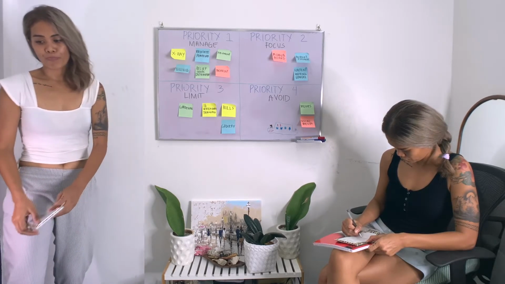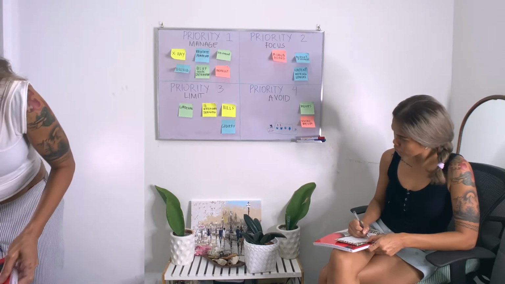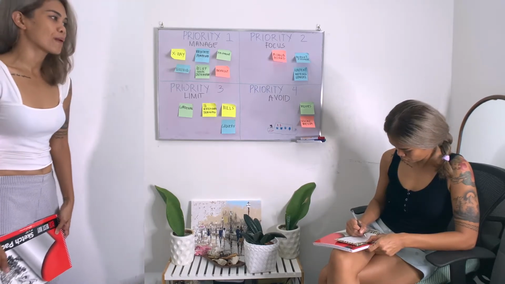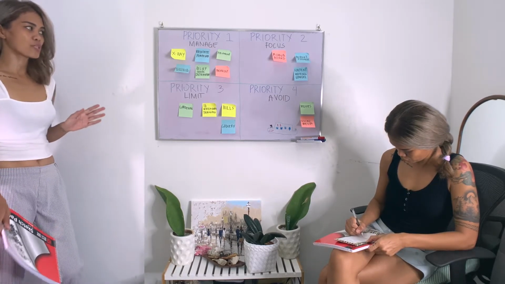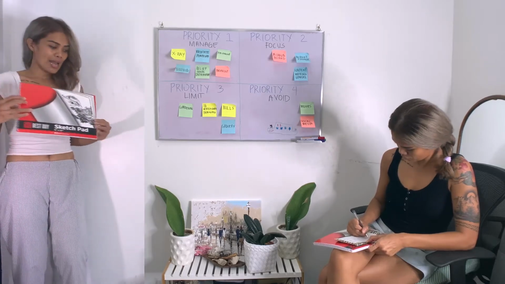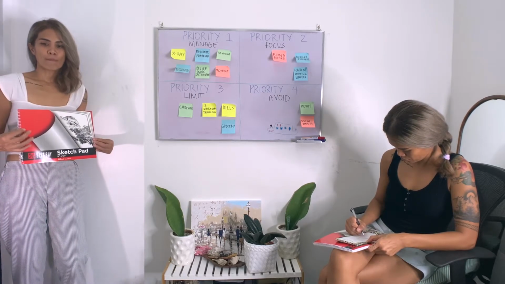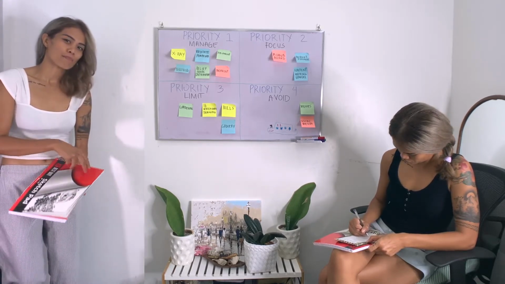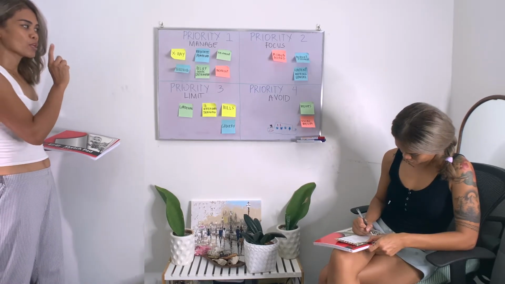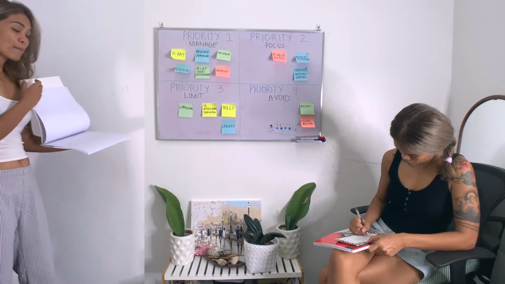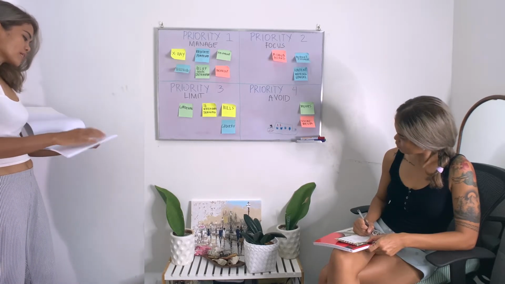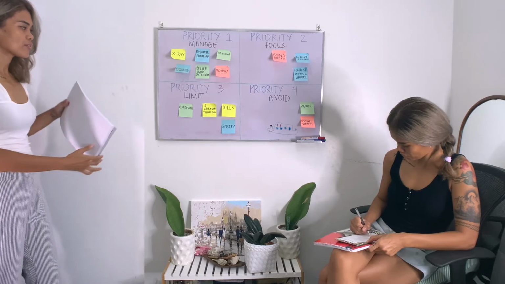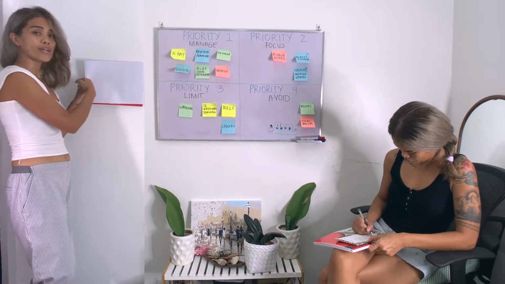But, it doesn't mean na nire-require ko kayo magkaroon ng whiteboard para magawa yung exercise because you can use a sketchpad or a notebook. Make sure lang na medyo malaki, wag naman sobrang liit kasi baka hindi nyo na masulat. So instead of using whiteboard and post-it, use a sketchpad and then draw the quadrants.